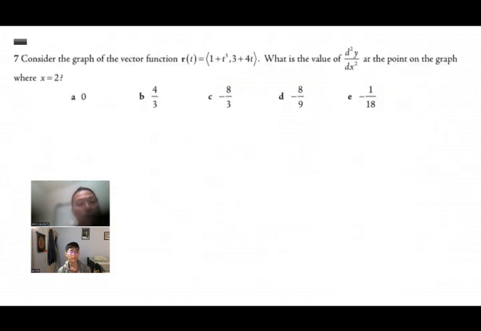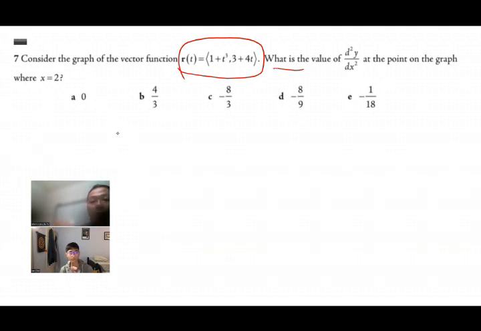Number 7. Consider the graph of the vector function r(t) equals 1 plus t cubed and 3 plus 4t. This is the displacement or position vector. Now, what is the value of d squared y over dx squared at the point on the graph where x is 2?